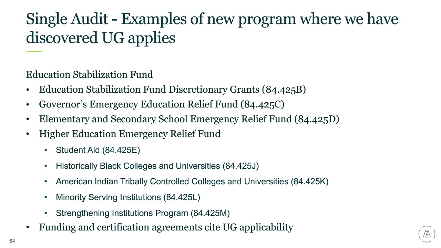So there are some funding and certification agreements that do cite uniform guidance applicability. And so we've listed under the Education Stabilization Fund, which is, I believe, probably the funds that most of you have received, the related CFDA numbers related to those funds for applicability to your SEFA this year.